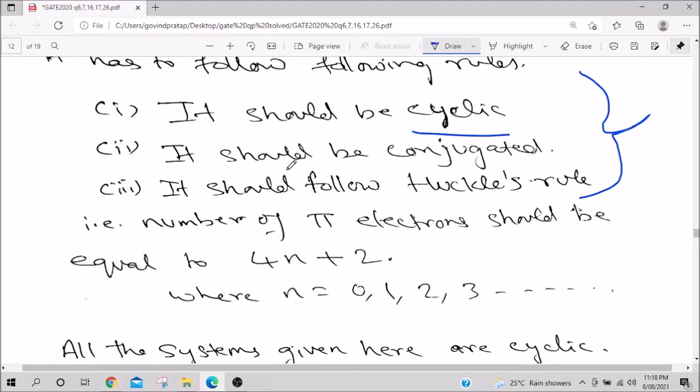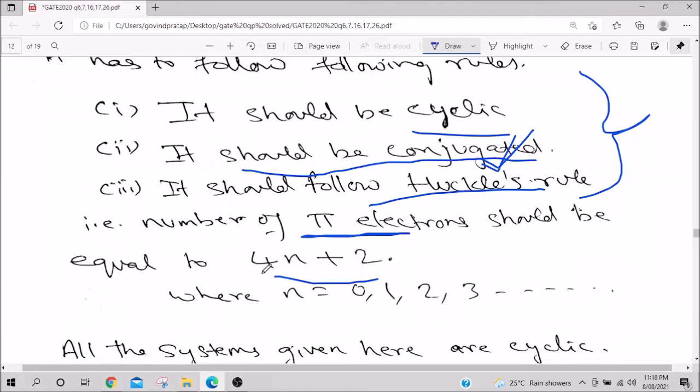Second, all of them should be conjugated. I will come back to it because it is a little complicated. And third, it should follow Huckel's rule. Huckel's rule says the number of pi electrons being delocalized over the system should follow the 4n plus 2 rule. Pi electrons are basically electrons which are conjugated, which are being shared.